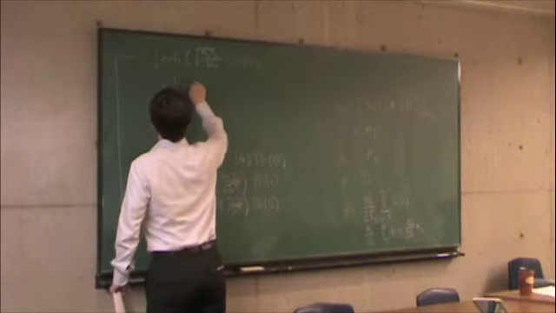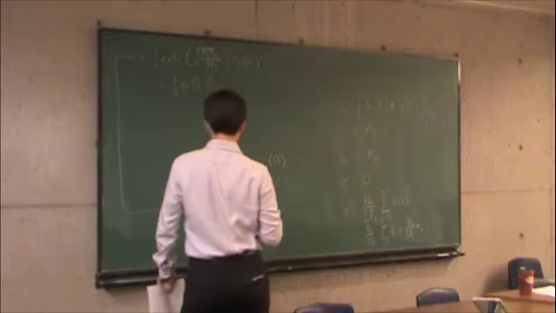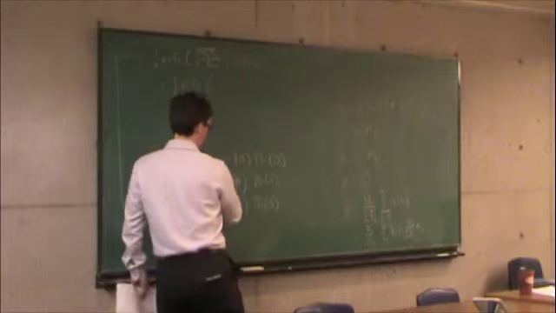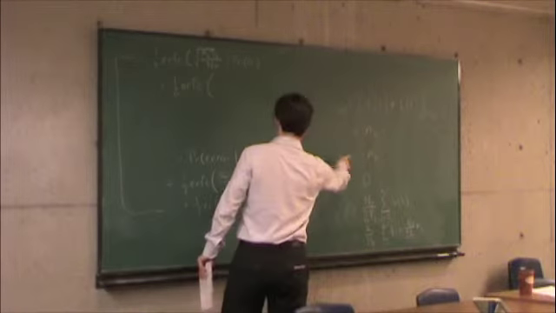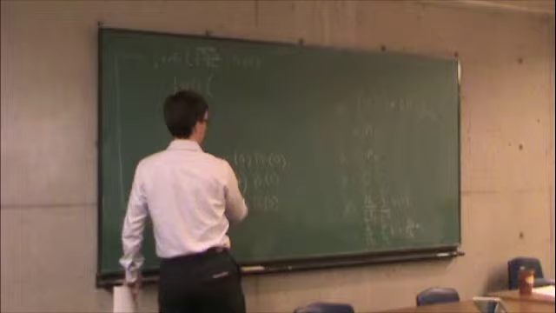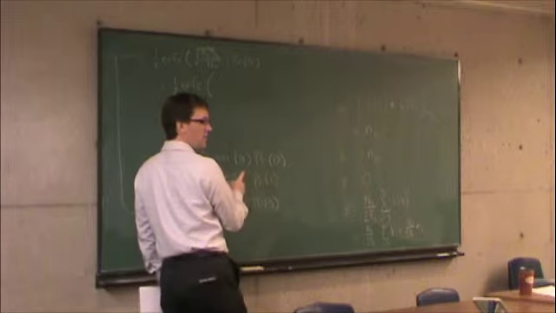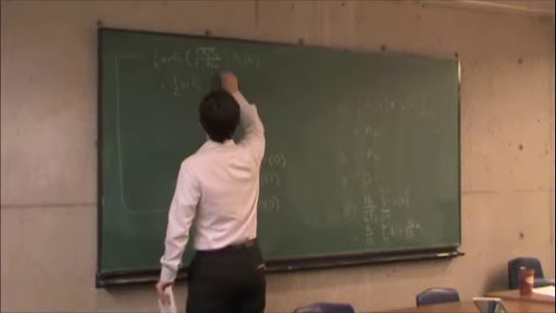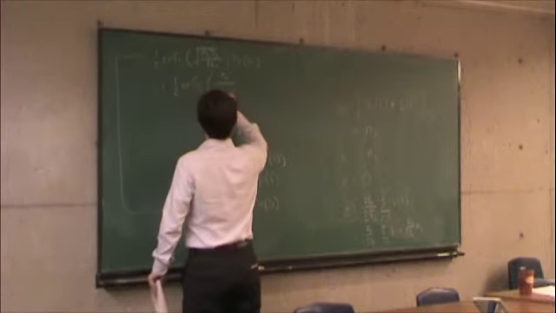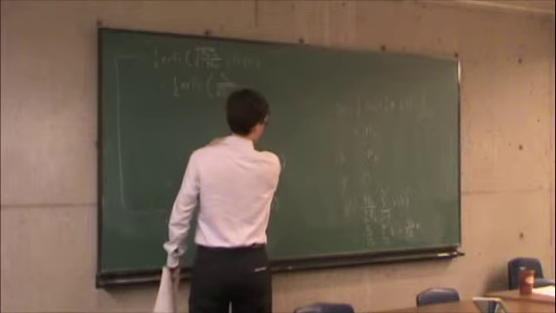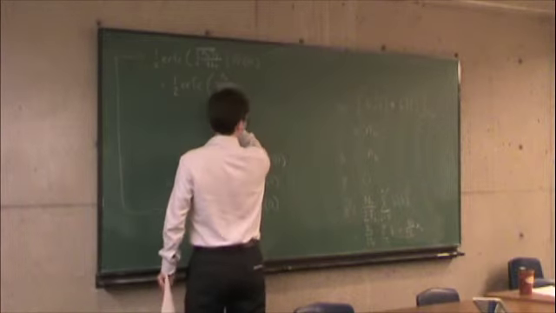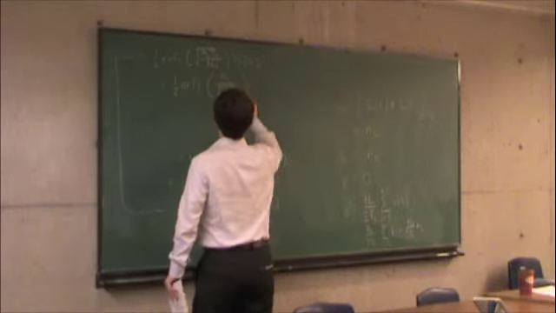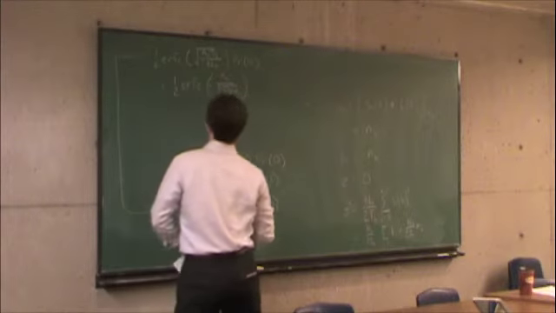Plus 1/2 erfc of, what do I have here? 0 minus S1. What's S1? It's minus NB, so that's 0 minus negative NB, which is NB, divided by root 2 sigma squared. Sigma squared is N0 over 2TS times NB. In fact, we have exactly the same expression there as there.